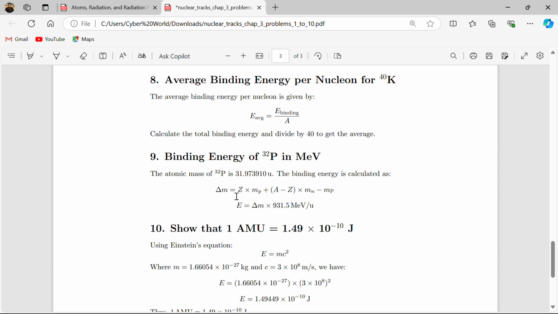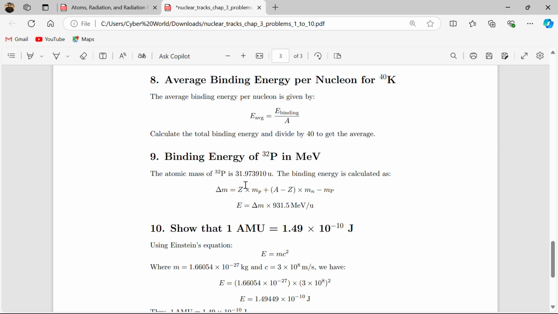So what you have to do, again, is first find the mass defect, then multiply by c squared to get the binding energy. So mass of proton multiplied by Z. The mass of proton is 1.007825, multiplied by the atomic number, which is 15.